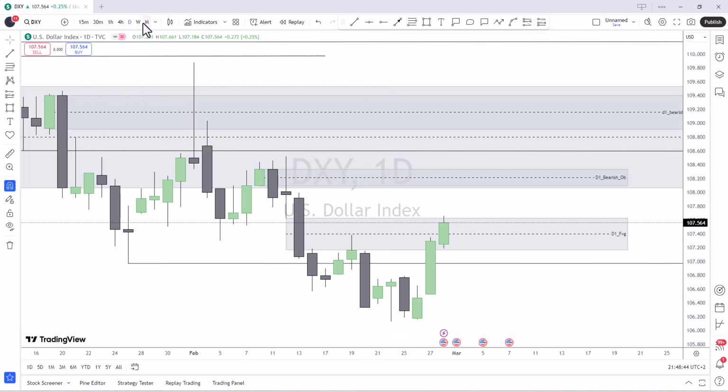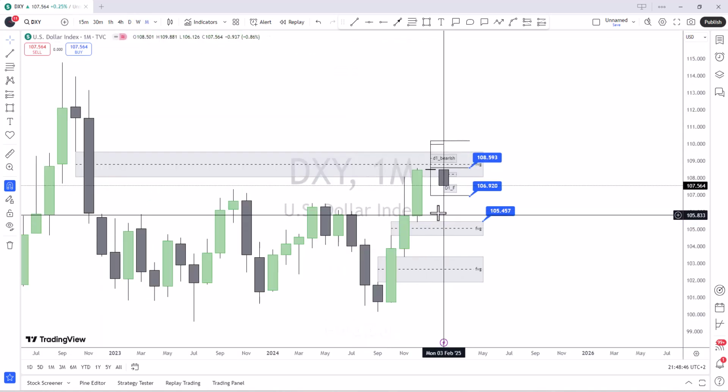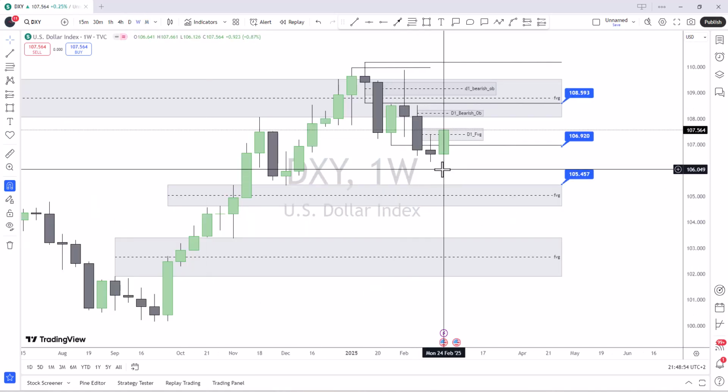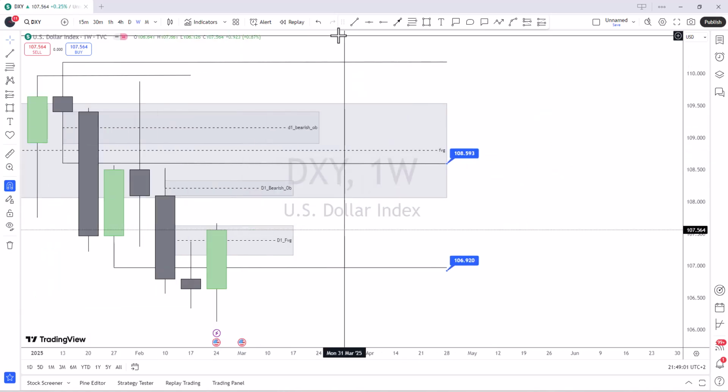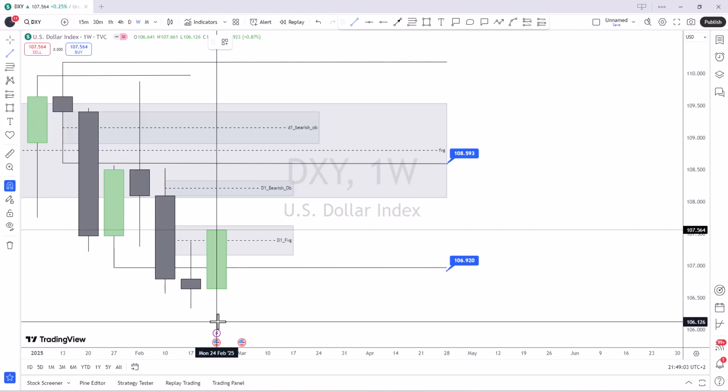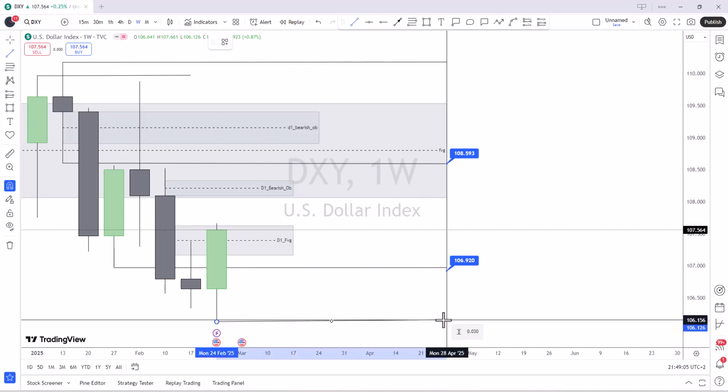I'm pretty sure that's the February low, 106.055, which is like the weekly low right there. So that would be a target for short-term trades. If you're doing your swing positions, we're talking of 105.45.